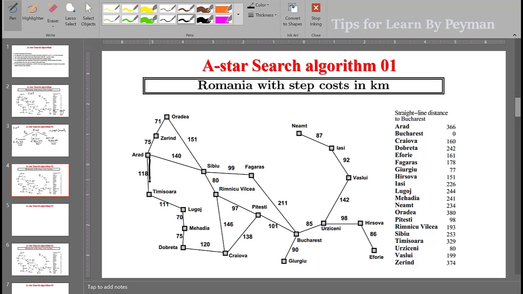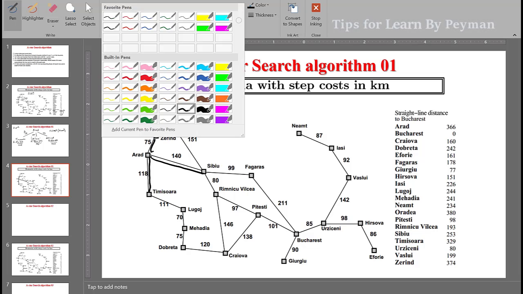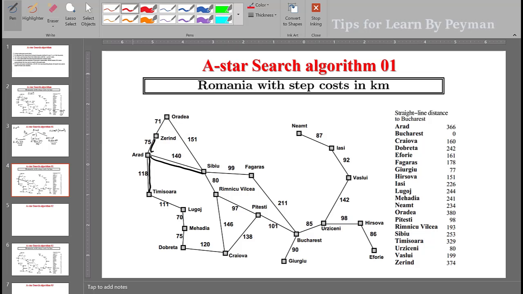We open Timisoara, Sibiu, and Zerind, and between them the best one for us was Sibiu with an f value of 393. So we choose Sibiu as the next one.